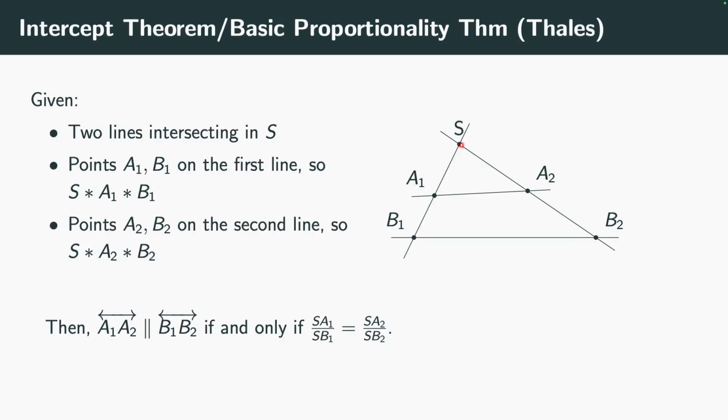Remember, we have these two lines here intersecting in A. We have the points A1, B1, A2, B2, and we have this condition that the lines A1A2 and B1B2 are parallel if and only if the ratios on the sides are equal to each other.